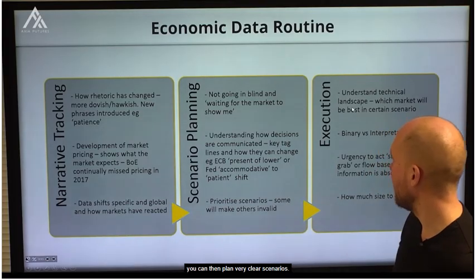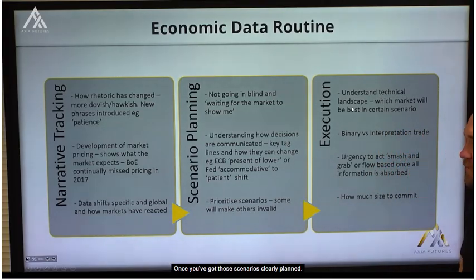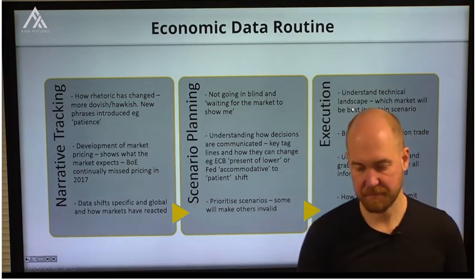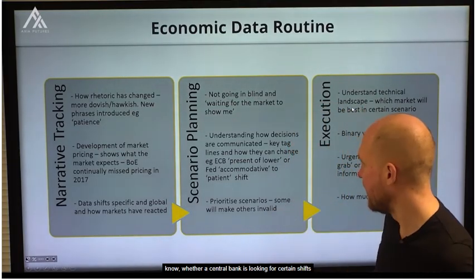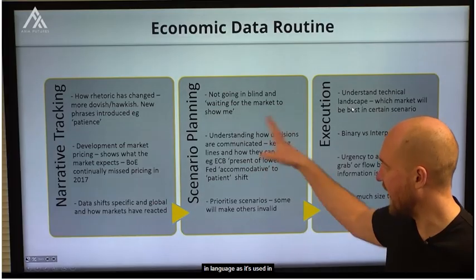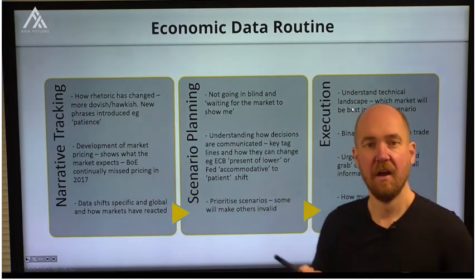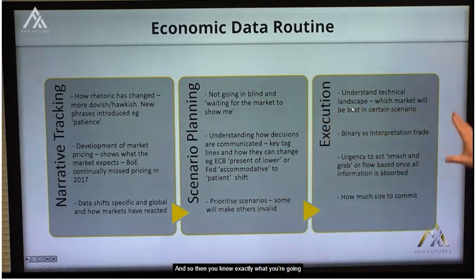You can then plan very clear scenarios. Once you've got those scenarios clearly planned for that economic data, you know whether this is going to be important, you know whether a central bank is looking for certain shifts in language, as is used in this example. And so then you know exactly what you're going to do, how you're going to execute.